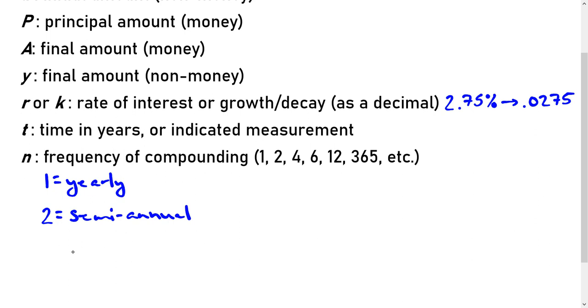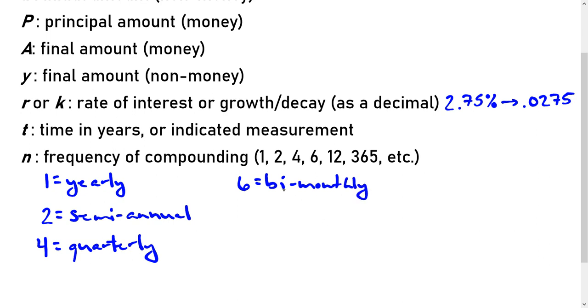Okay. The next one we have is quarterly, and that's going to represent 4. Kind of makes sense. There are 4 quarters in anything. So quarterly compounding interest is 4. 6 is what we call bi-monthly. All right.